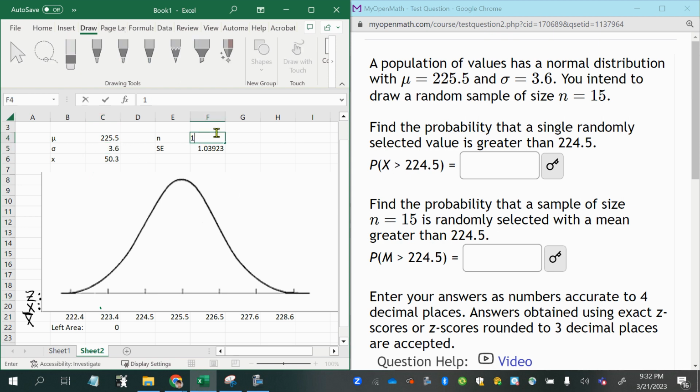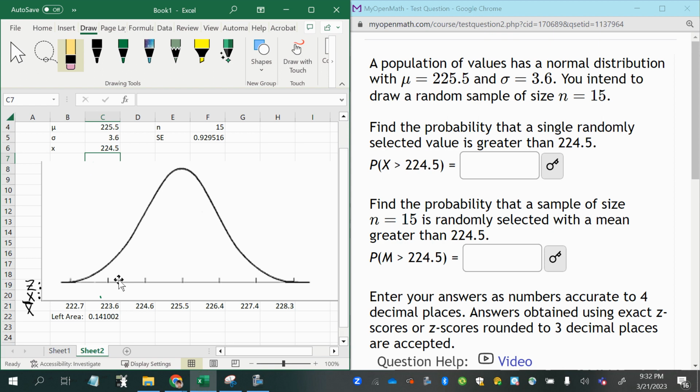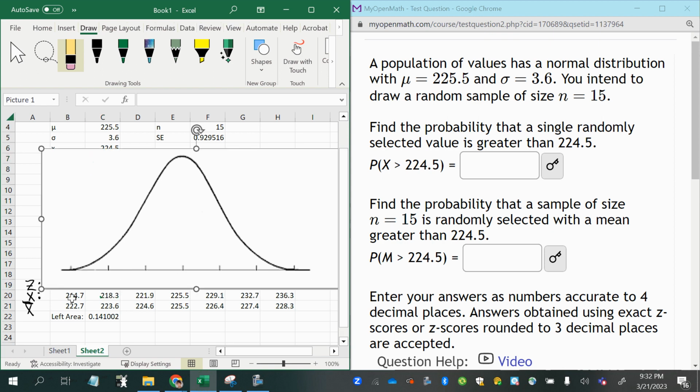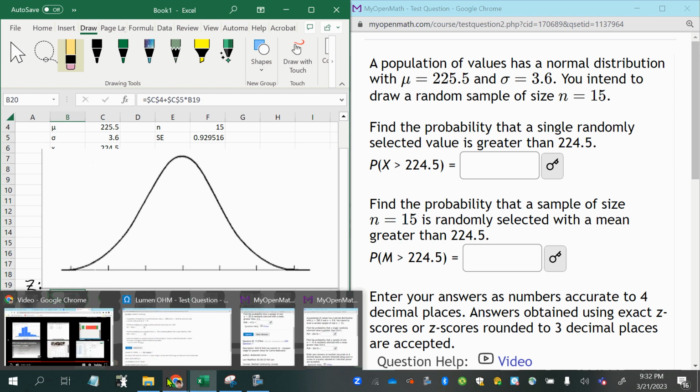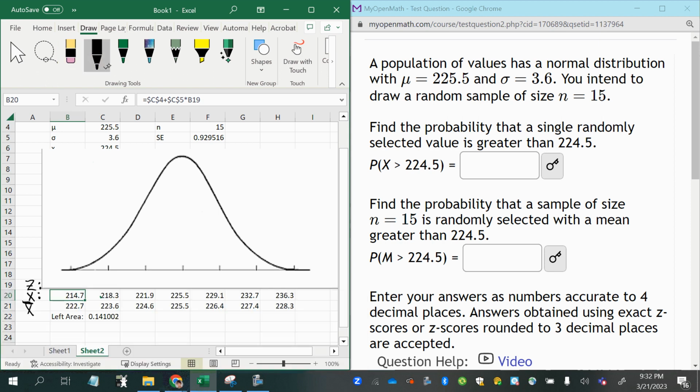And now I'm going to look at my x scale right here and see that the value 224.5 on the x scale is relatively pretty close to the mean. So we should see an answer that's a little bit greater than 0.5, since now we're interested in the area to the right because it's a greater than symbol here.